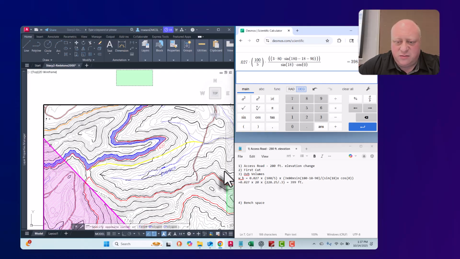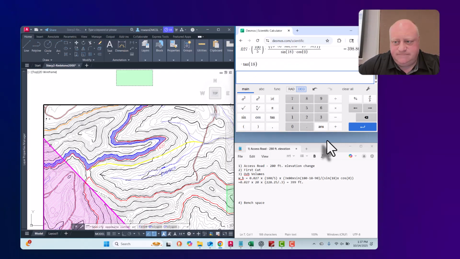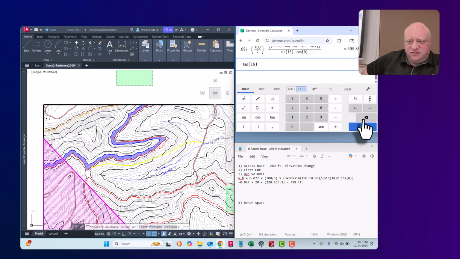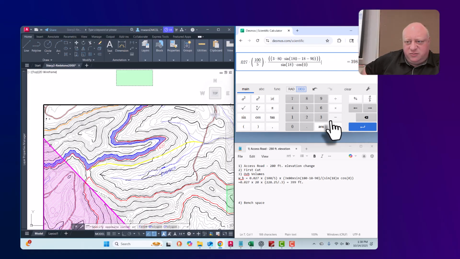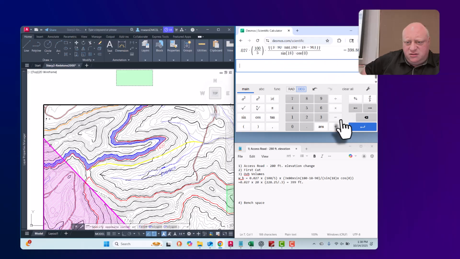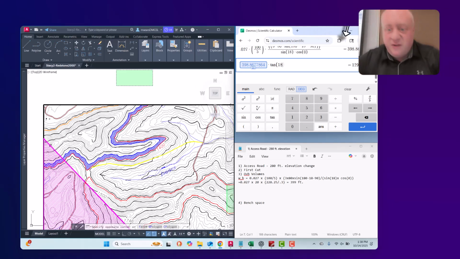And then we're going to multiply that by the tangent of 18 degrees. This is not my favorite calculator of all time, and why didn't they just do reverse Polish notation instead? Answer. Oh, this is so Texas Instruments, but thank you. So we have a high wall height of 130 feet.